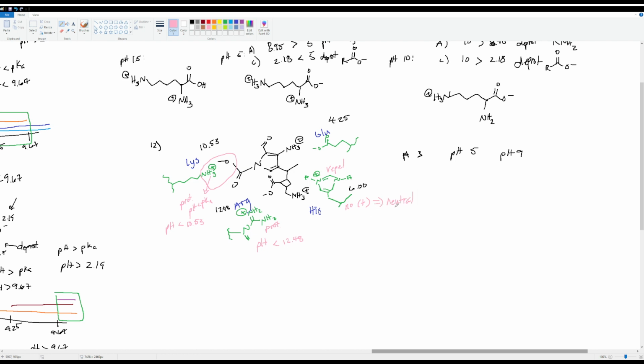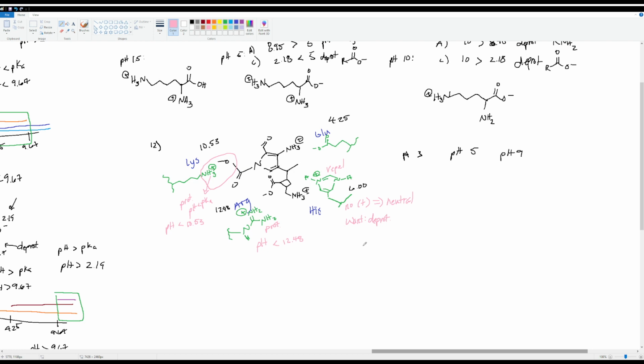Because if it's neutral, we can have hydrogen bonding, right? And we just have that hydrogen bonding. We don't have to have hydrogen bonding competing with repelling like charges. Okay, so if we want neutral, does that mean we want a protonated or deprotonated histidine? We want a deprotonated. Very nice.